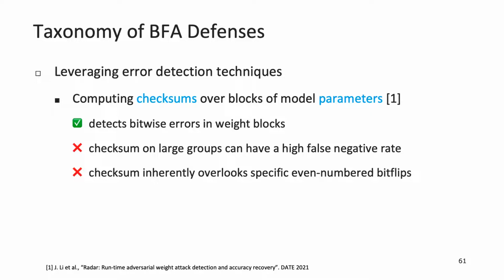However, computing the checksum on large groups can result in a high false negative rate. And the checksum computation inherently ignores even-numbered bit flips. And this makes the high false negative rate problem even more severe.